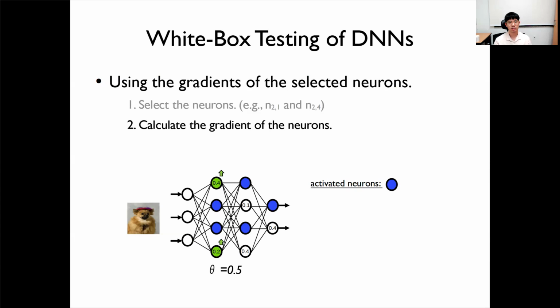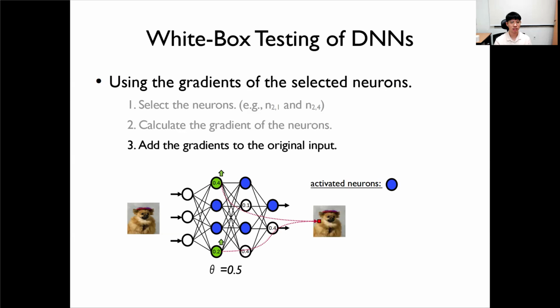Second, it calculates the gradient of the selected neurons. And the third step is to add their gradient to the original input in the direction of increasing their output values. Again, the DNN takes the new mutated input and repeats the above 3 steps for maximizing the neuron coverage.